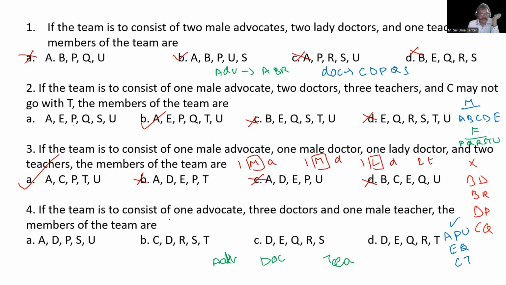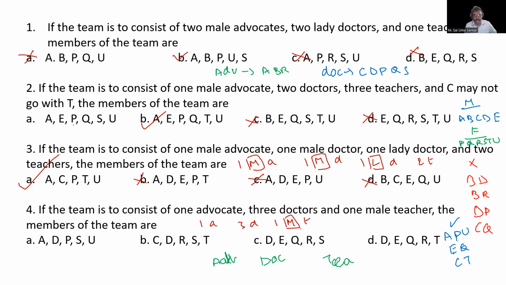If the team consists of one advocate, three doctors, one male teacher. The members of the team: one advocate, any one of A, B, R. If A is there, B, APU. Right. If DP is there, cancel that one. No. If BD is there, cancel that one.